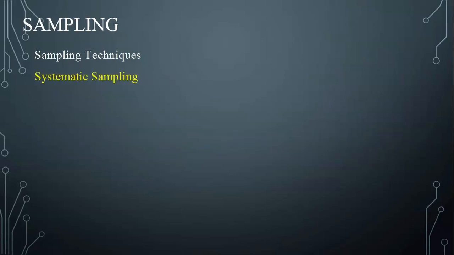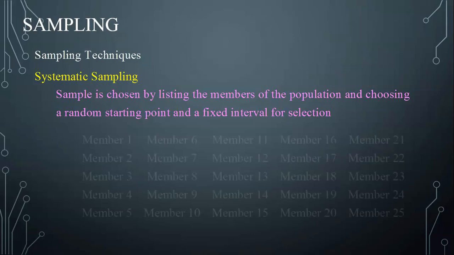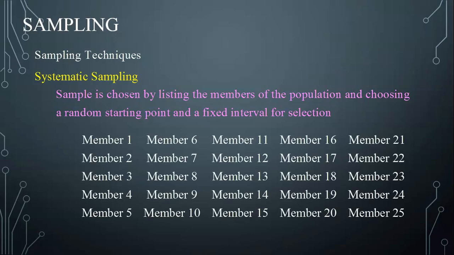Another technique is systematic sampling. In systematic sampling, the sample is chosen by listing the members of the population and choosing a random starting point and a fixed interval for selection. For example, if we have this population of 25 members, to form my sample, I decide on a random starting point. For example, I randomly decide to start with the 4th member.